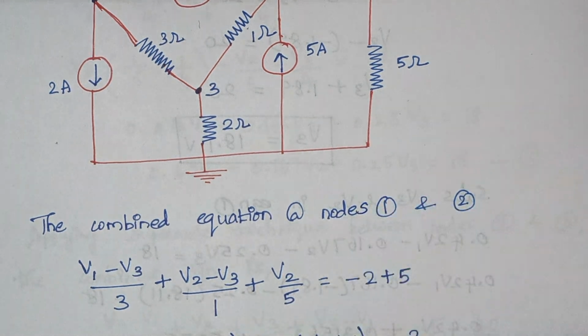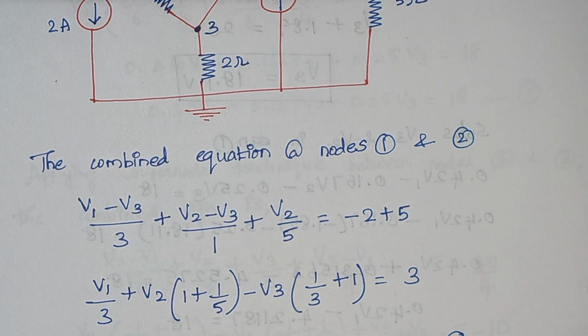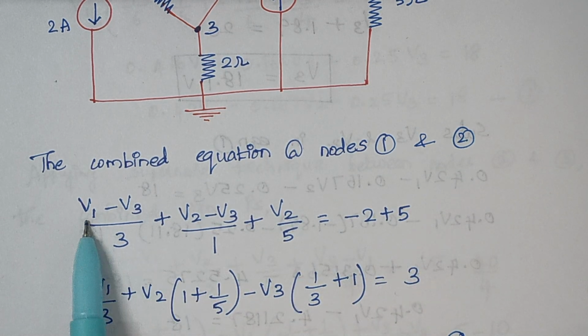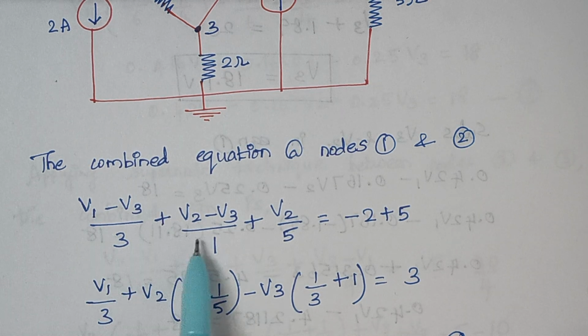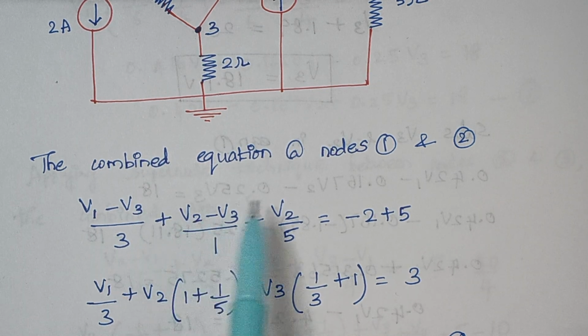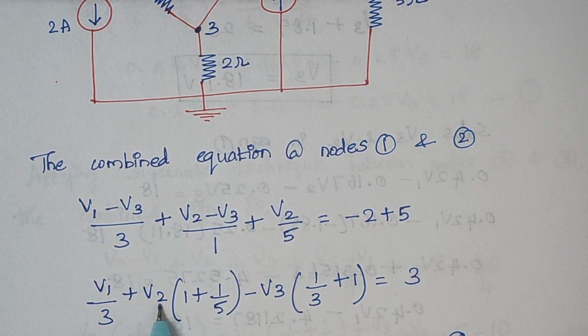The next step is to rearrange this equation. There is only one V1 term, so we write V1 by 3. Next we combine the V2 terms: taking V2 outside, the remaining terms are 1 plus 1 by 5.